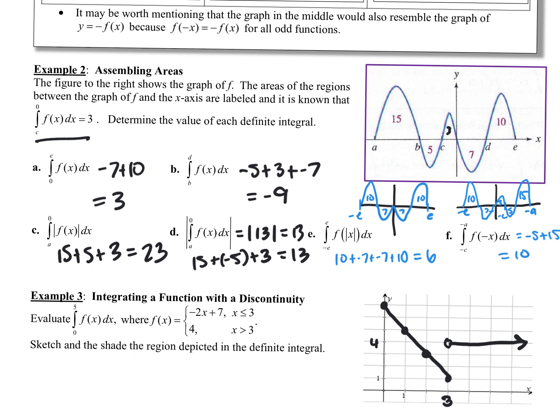So we'll do the area from 0 to 3 first. But because it's not continuous here, and it breaks, we're going to have to start a new integral. So really we're breaking this up into an integral from 0 to 3 of the top function. We'll do that first. That will be this area.